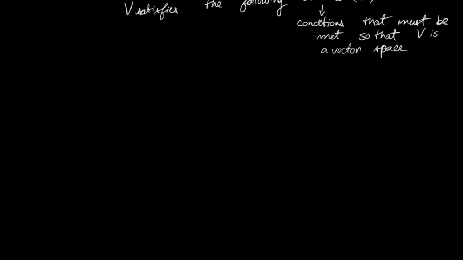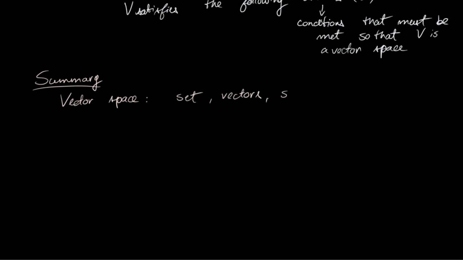The vector space is defined as a set that contains vectors and scalars, with two basic operations defined: vector addition and scalar multiplication.